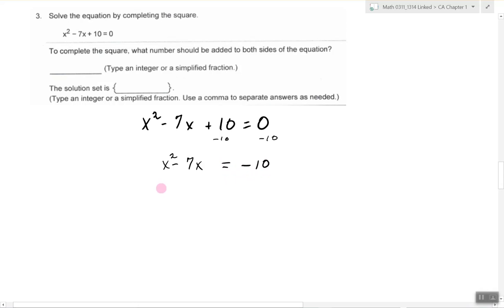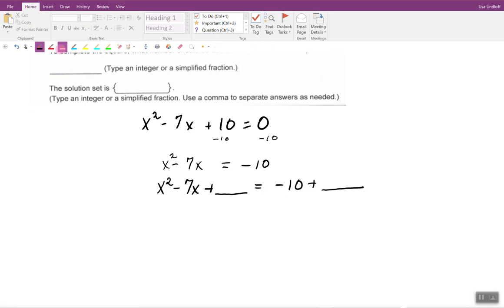Let's put in our blanks. X squared minus 7x plus blank is equal to negative 10 plus blank. I'm going to take this number, and I like to use a different color to do that.